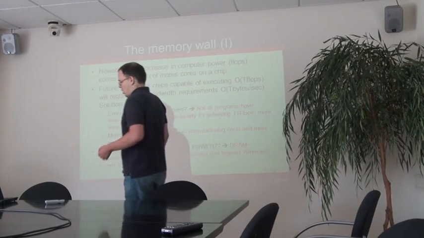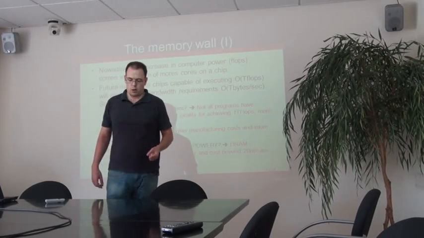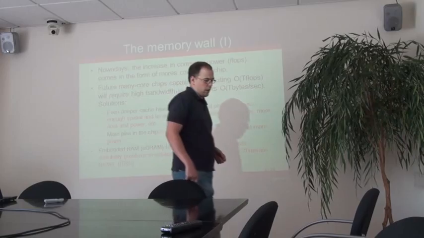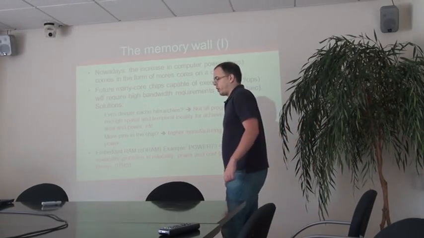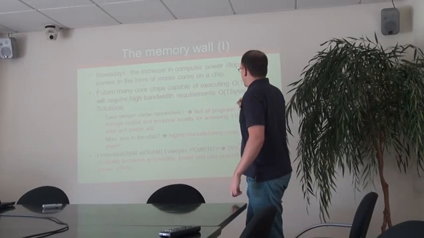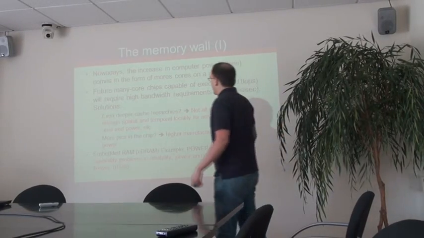Today a microprocessor can have 1 teraflop in double precision. This means that we need to feed around 16 terabytes per second, which is a lot of information.